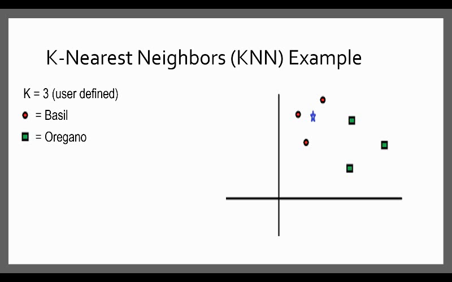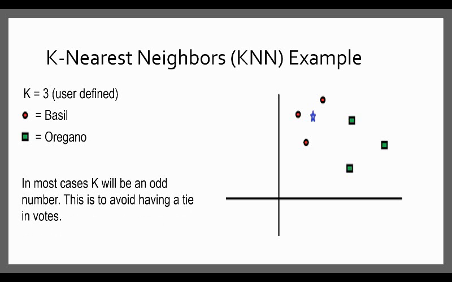If we're testing to see what class this star belongs to, then based on the KNN algorithm, we would get 3 votes for basil, and thus the algorithm would identify the star as basil. In most cases, k will be an odd number. This is to avoid having a tie in votes.